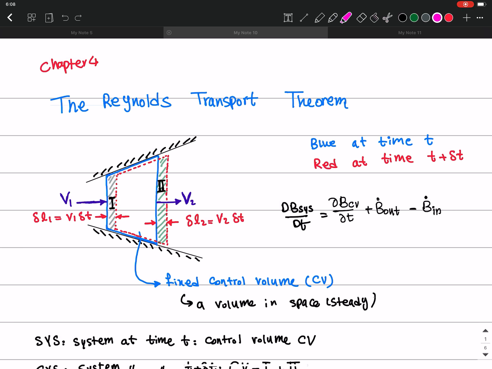Okay. So this is the rate of change of the system at time t.